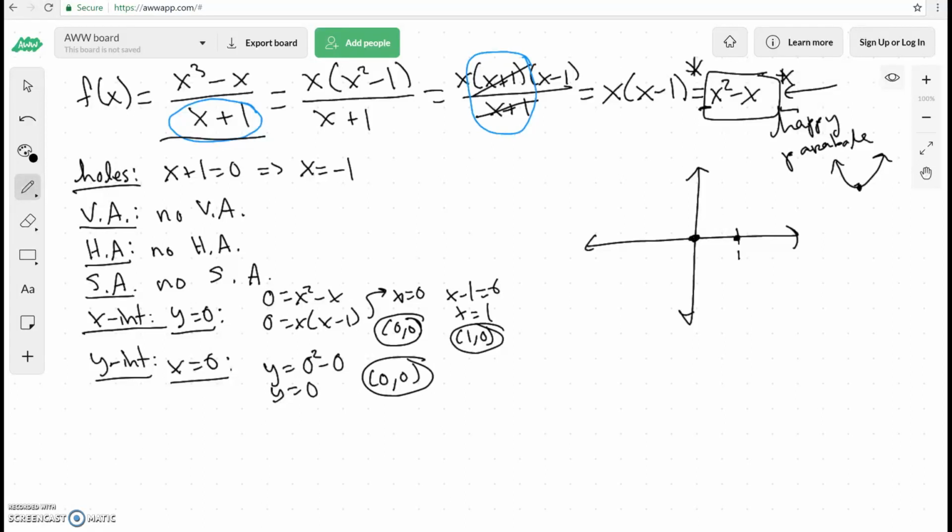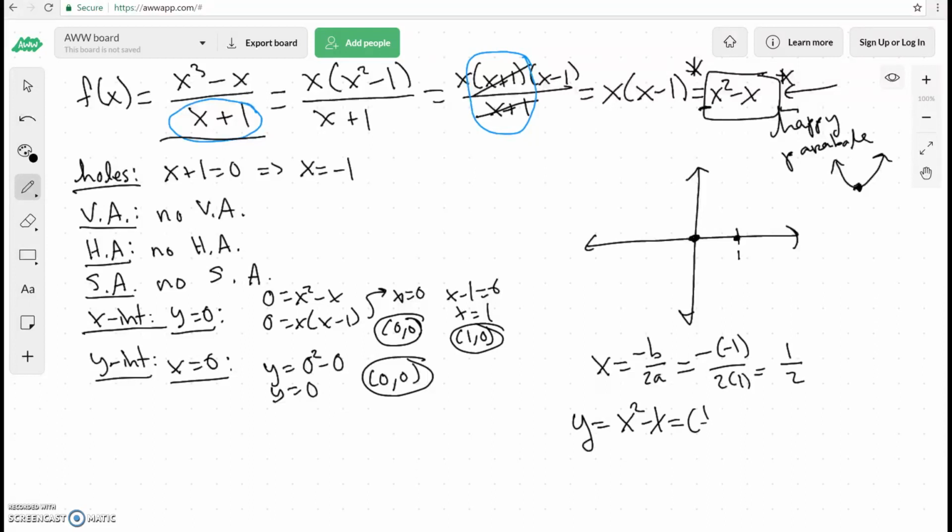Now, what we can do for this type of problem is try to find the minimum value, this lowest value. And the way that we do that is using x equals negative b over 2a. So we're going to use x equals negative b, in this case it's -1, divided by 2 times 1. I'm going to get 1/2. And in order for me to find the y value, I'm going to plug it back into x squared minus x.